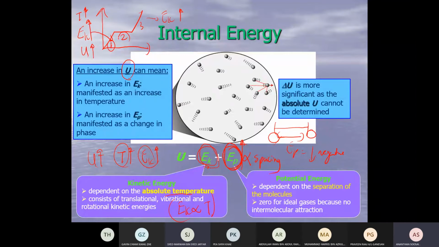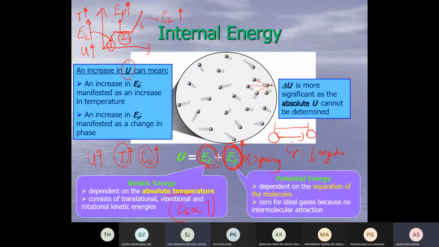Now we focus on 2. At 2, internal energy rises. Why does internal energy rise in 2? The potential energy rises, because the energy is used to overcome the intermolecular forces. The best answer: the potential energy rises because the intermolecular force gets weaker. Don't say spacing of the particles.